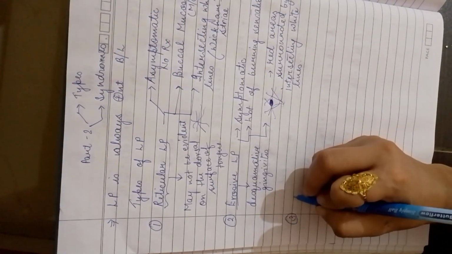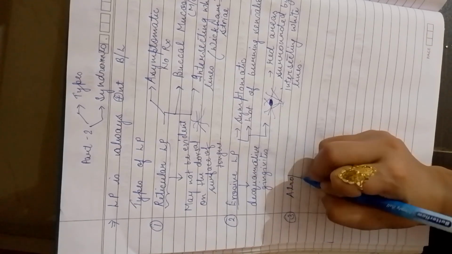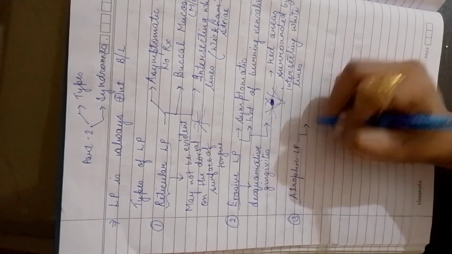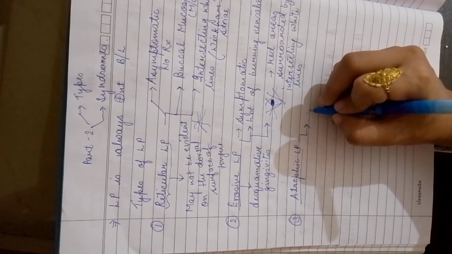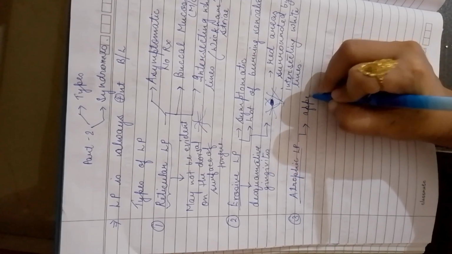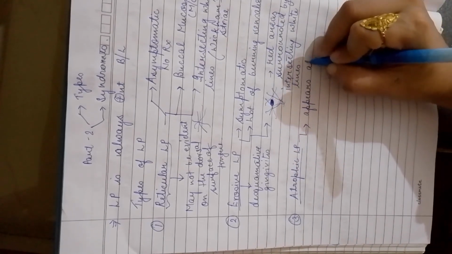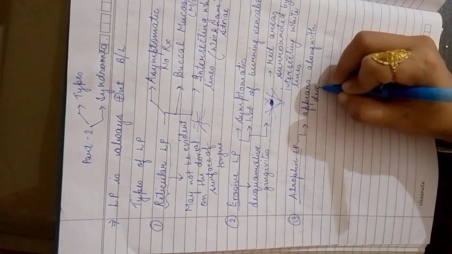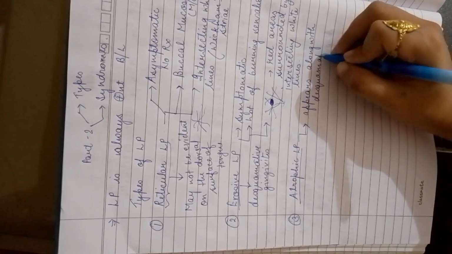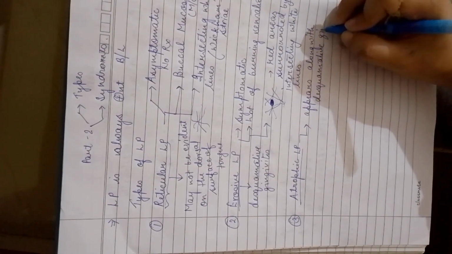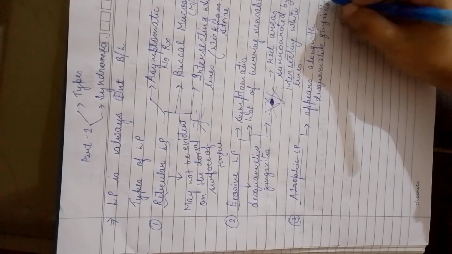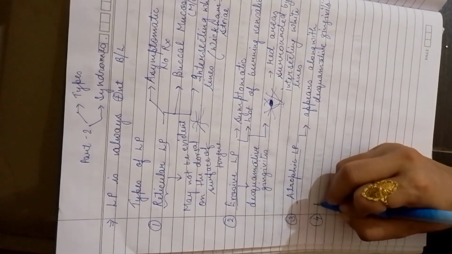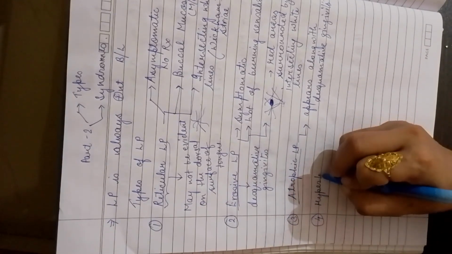Third one is the atrophic type of lichen planus. This atrophic type also appears along with desquamative gingivitis. Fourth one is the hypertrophic type of lichen planus.